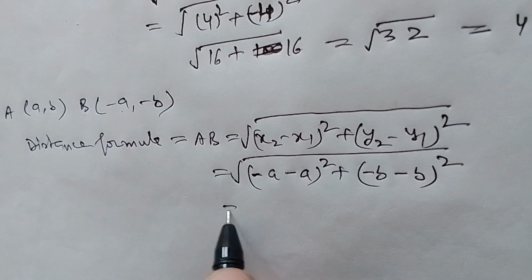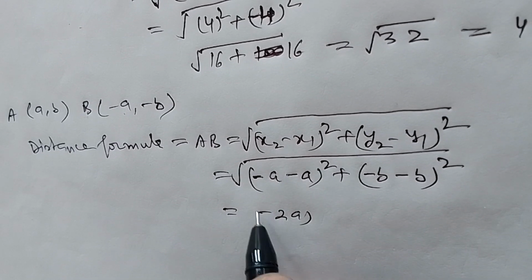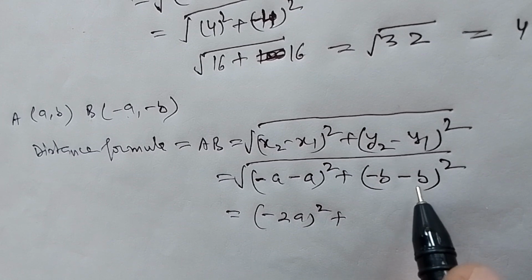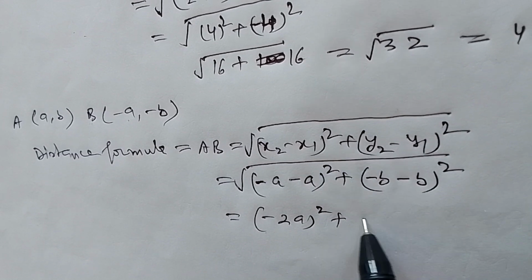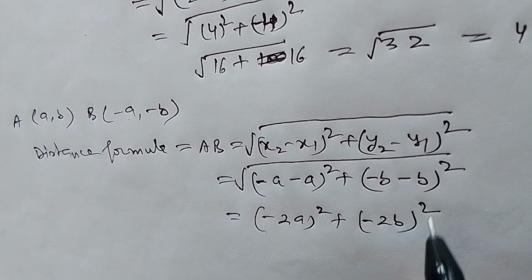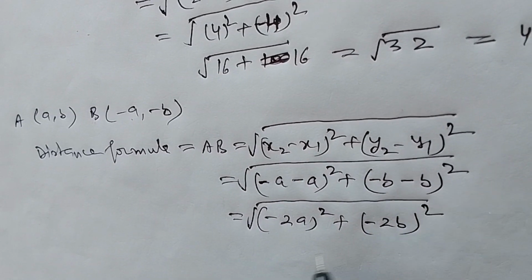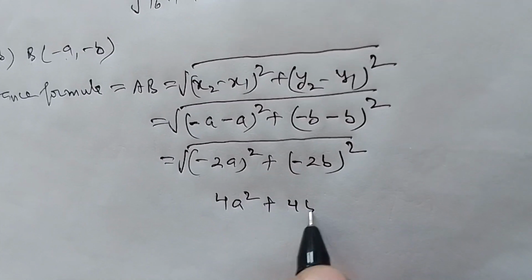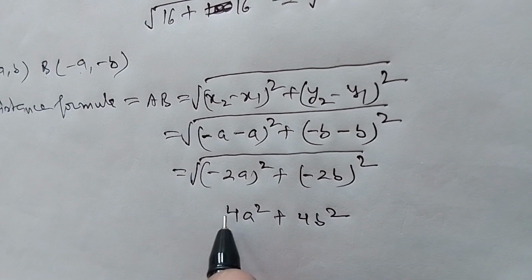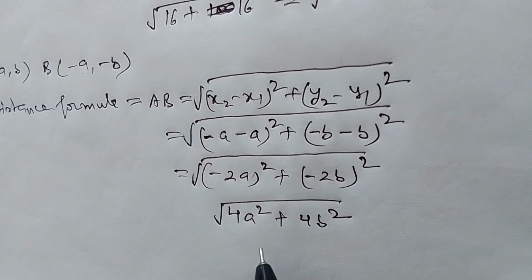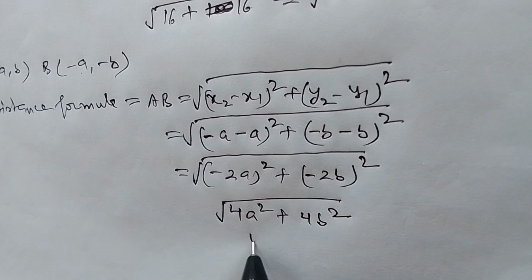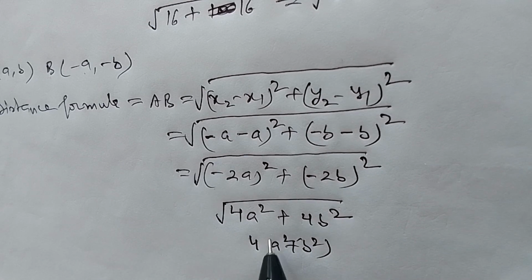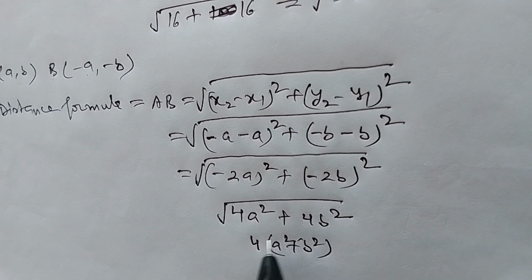So it will come out to be (minus 2a) square plus (minus b minus b, that is minus 2b) square. So it will come out to be 4a square plus 4b square under root, which we can write as 4 times (a square plus b square), taking 4 common because 4 is common in both.